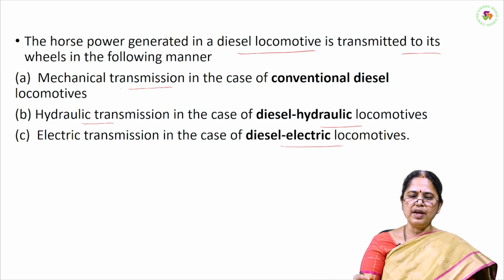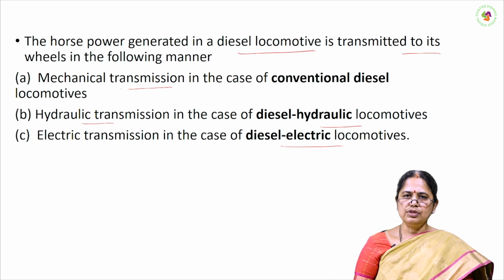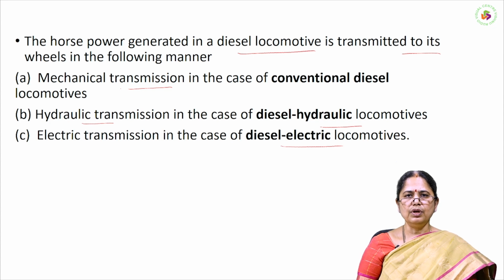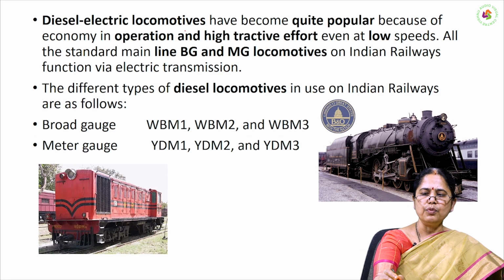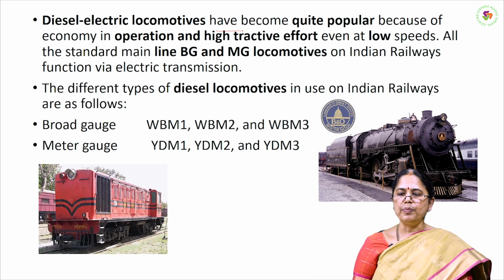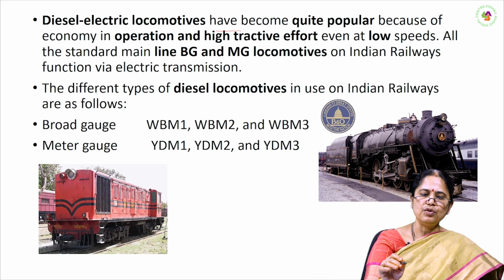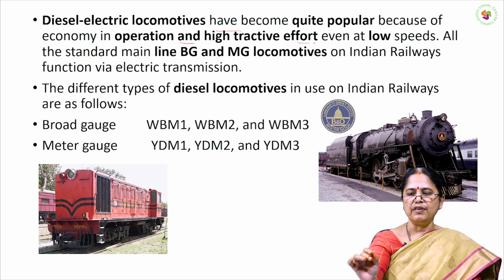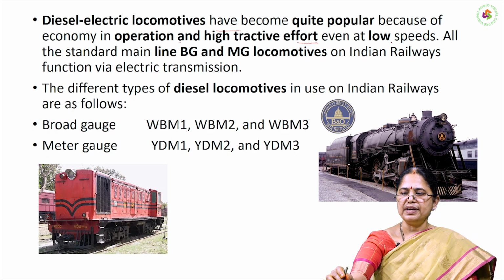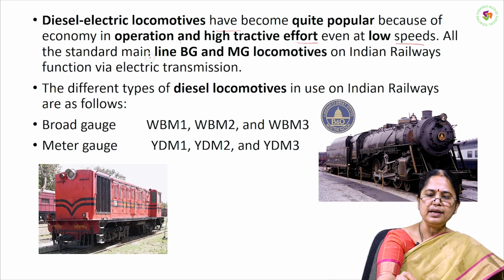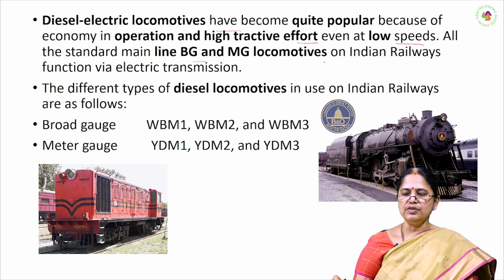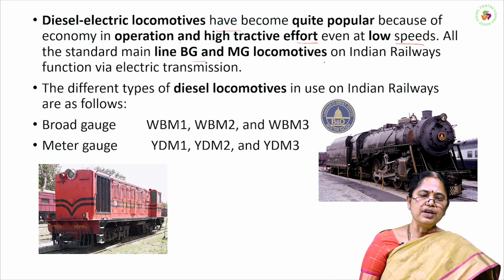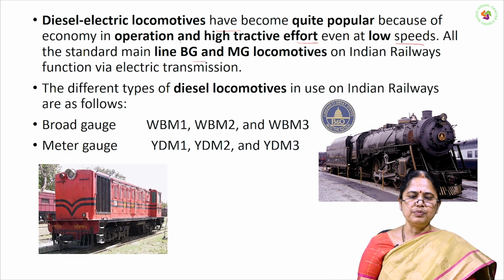There are these 3 ways we can use to move the locomotives. Diesel electric locomotives have become quite popular because of their economy in operation and high tractive effort even at low speeds. All the standard mainline BG and MG locomotives in Indian Railways function via electric transmission.